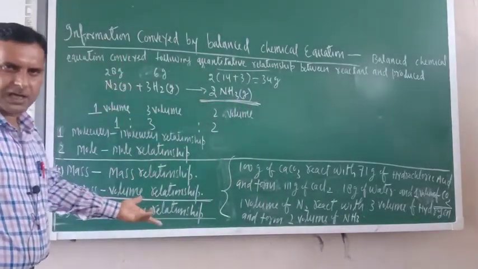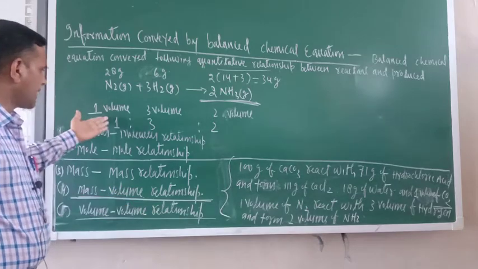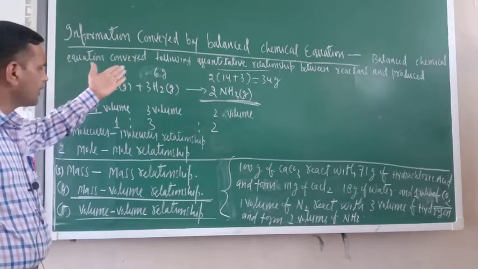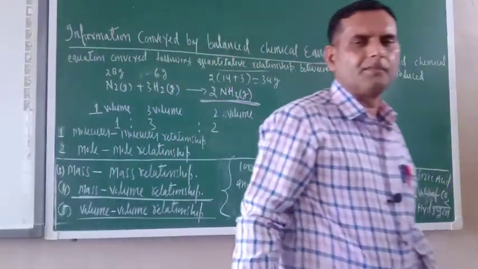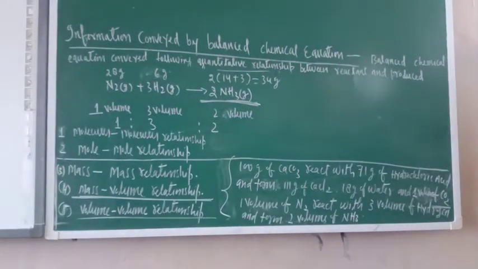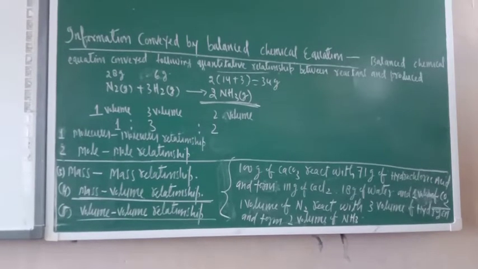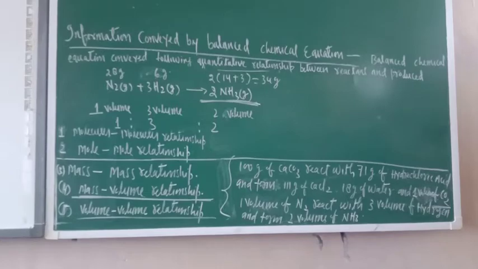Okay, so in this way also you can write. As I was telling, 1 volume of N2 react with 3 volume of hydrogen and form 2 volume of ammonia. So these are some of the information which are conveyed by the balanced chemical equation.